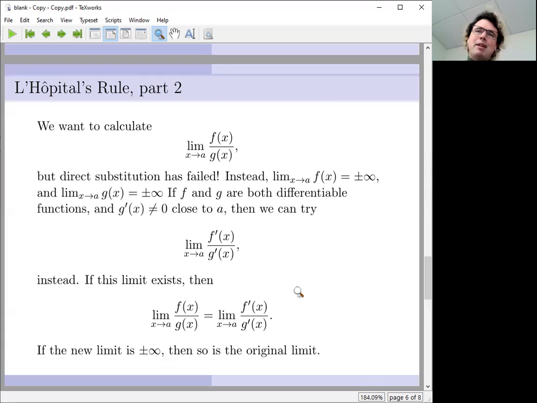If that new limit exists, then the old limit has to be equal to the new limit. If the new limit is plus or minus infinity, then the original limit also has to be plus or minus infinity with the same sign, of course.